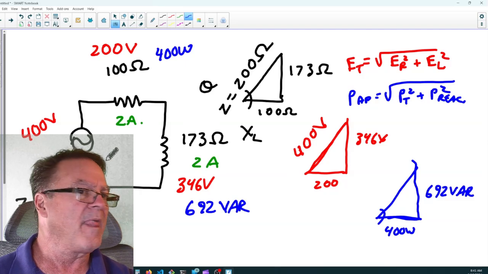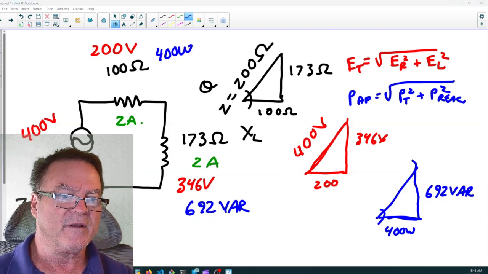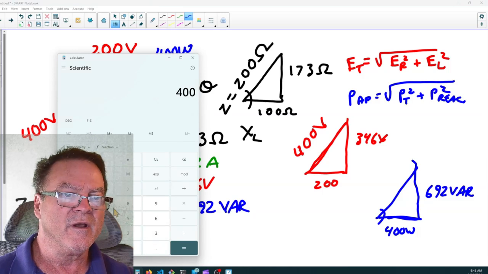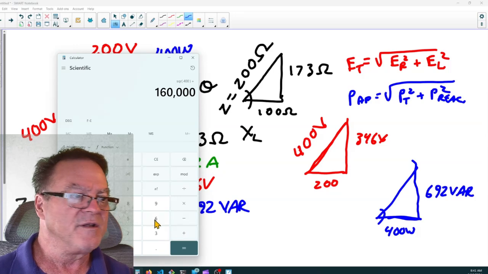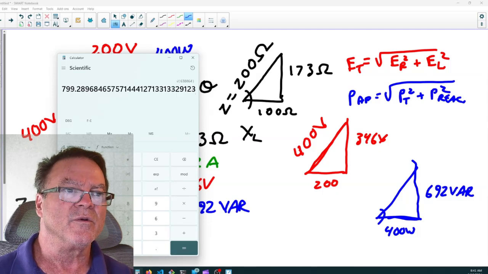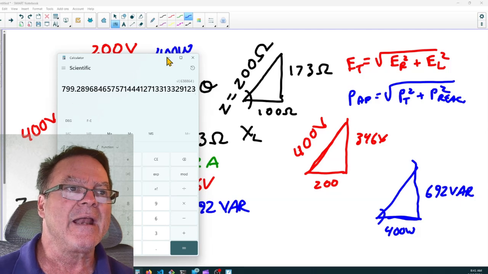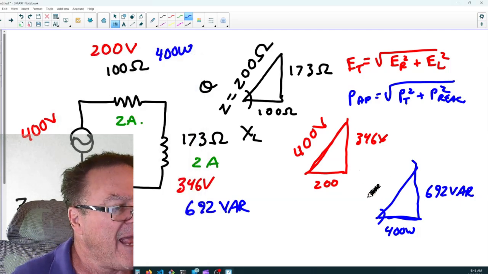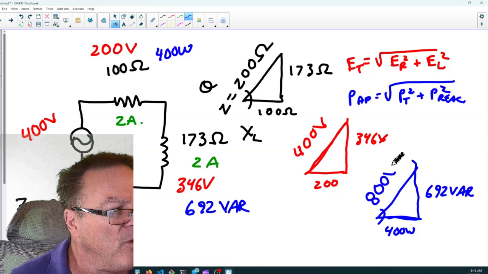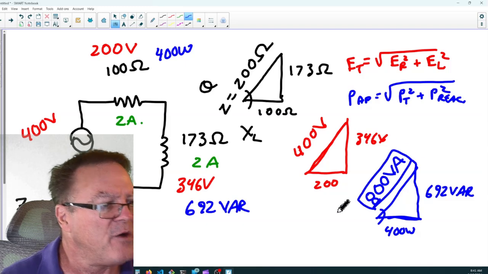All right, so back to the calculator, and we're going to do 400 squared plus 692 squared equals, square root: 799, 800. So here we have 800. That was the result of our math. 800 volt amps, apparent power.